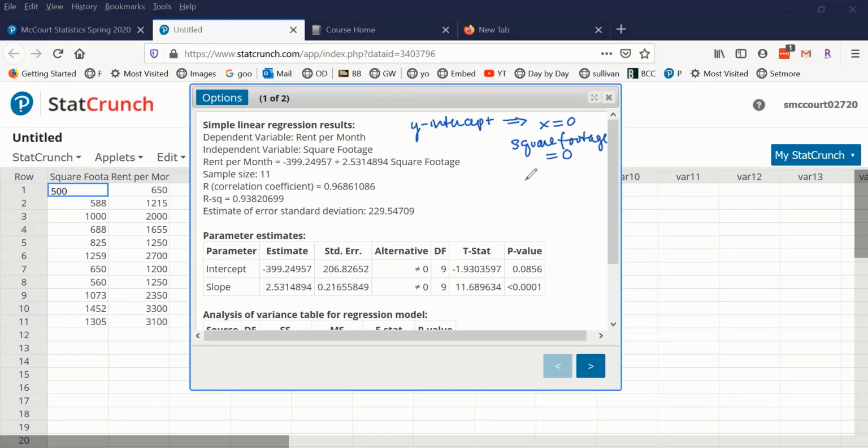And that's ridiculous. Even in New York, apartments are not that small. So this is impossible, ridiculous, whatever you want to say. So the y-intercept, which is equal to negative 399.25, isn't relevant or doesn't relate to the problem. Okay, because it's impossible to have a square footage of 0.